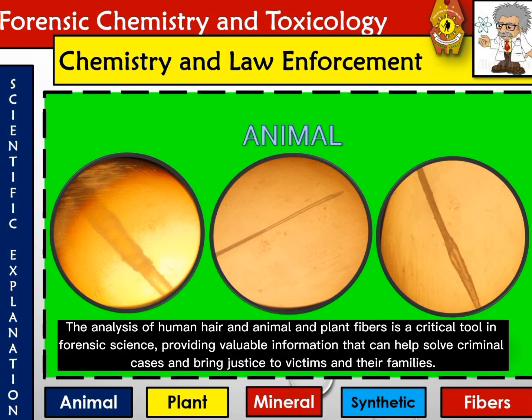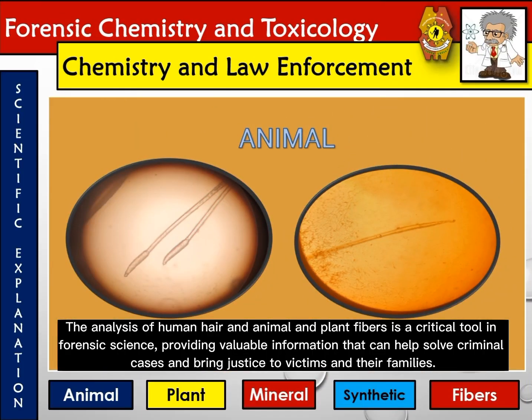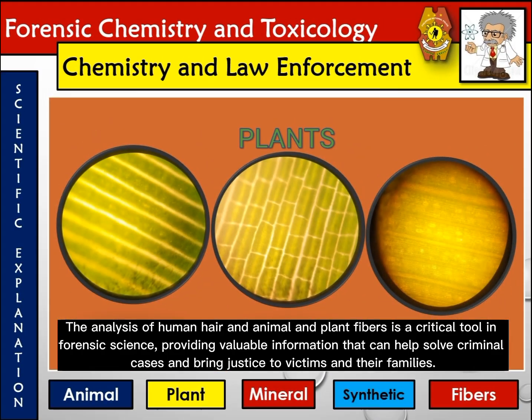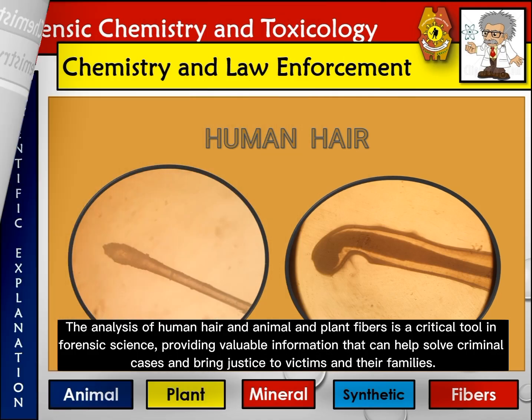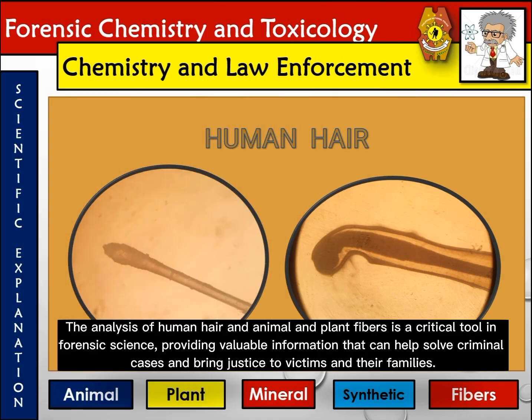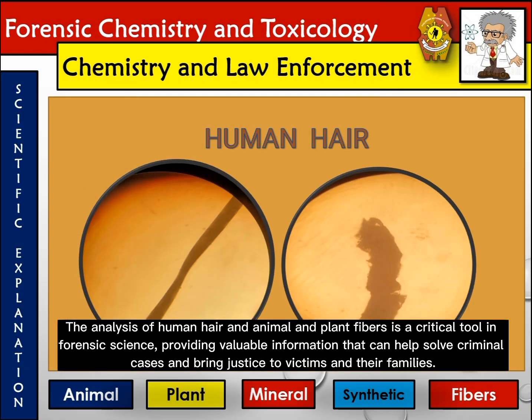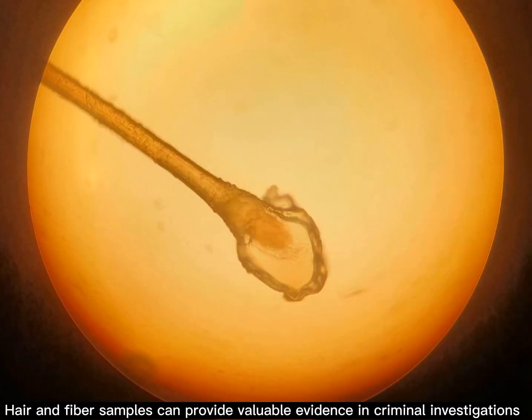The analysis of human hair and animal and plant fibers is a critical tool in forensic science, providing valuable information that can help solve criminal cases and bring justice to victims and their families. Hair and fiber samples can provide valuable evidence in criminal investigation.